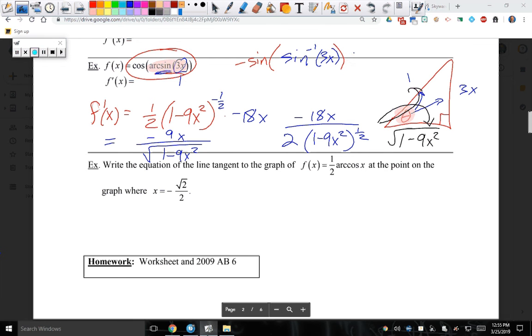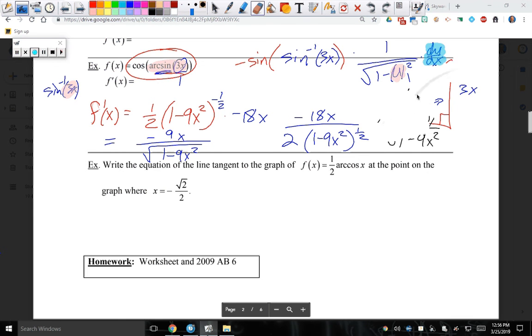What's the derivative of arc sine of 3x? Well, I know the rule is 1 over the square root of 1 minus the stuff squared times du dx. That means this 3x is going to go right here, and I'm going to multiply it with a 3. So all this work becomes the following. And this is easier when you memorize it.